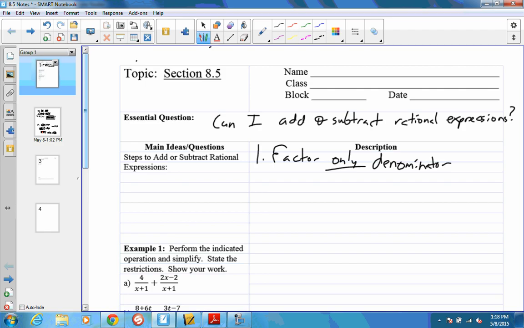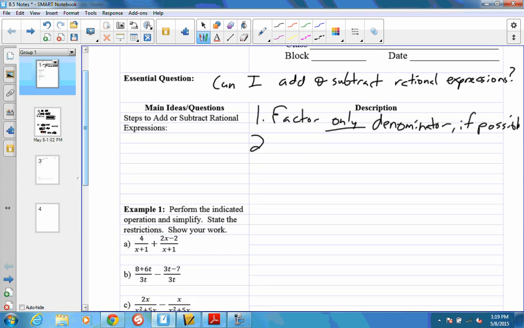So we actually want to leave the top unfactored. And if you can factor the denominator, do it. Only about half the time you'll be able to do that. So factor only the denominator if possible.